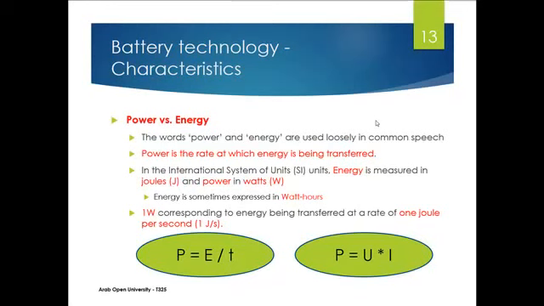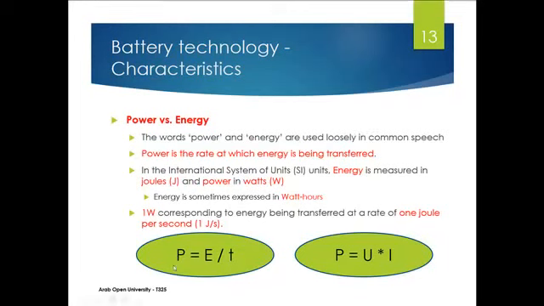So by definition, the power is the rate at which the energy is being transferred. The energy is measured in joule as an SI unit, and the power is expressed in watt. We might have other units that represent the energy, such as the watt hours, and there is a direct relation to convert from one unit to another. So as I said before, the power is the rate at which the energy is being transferred.